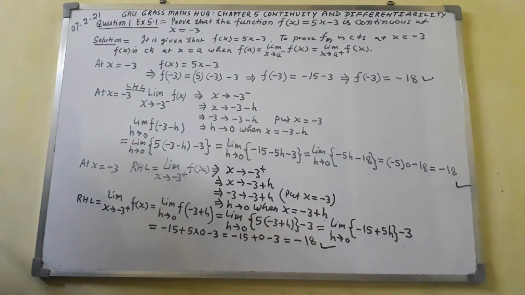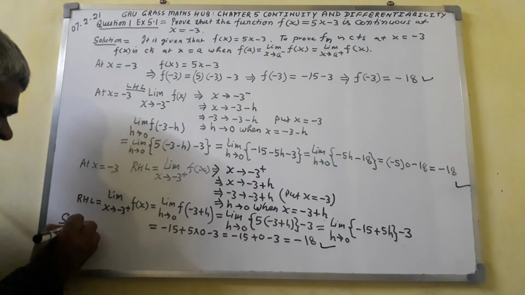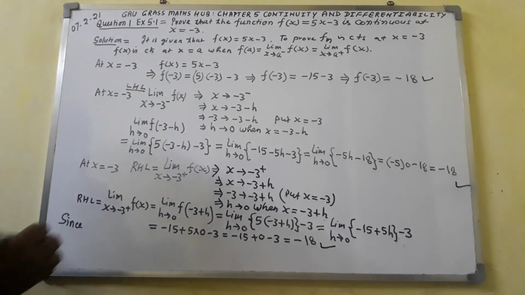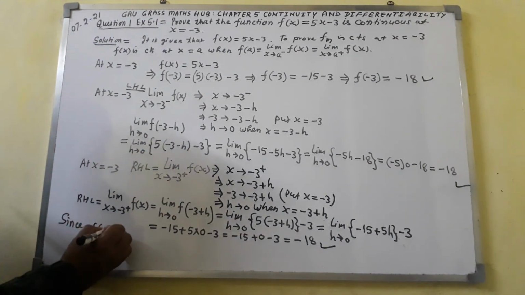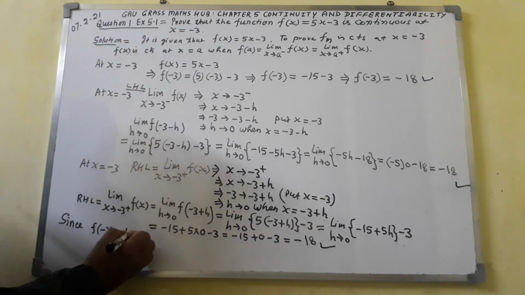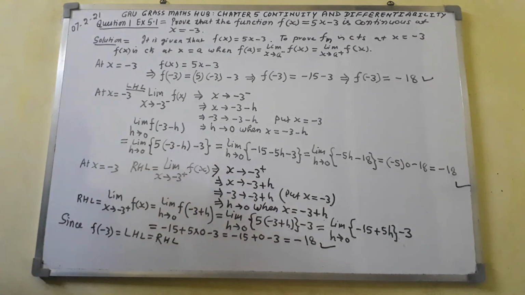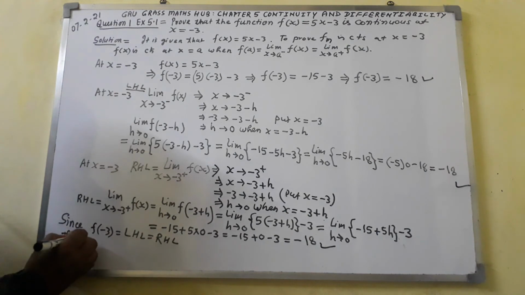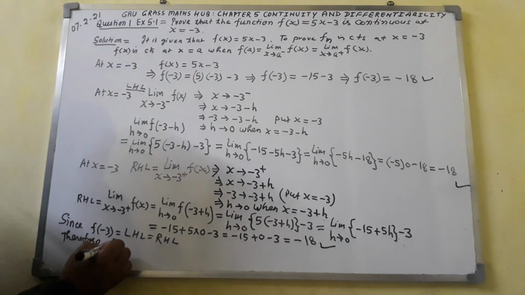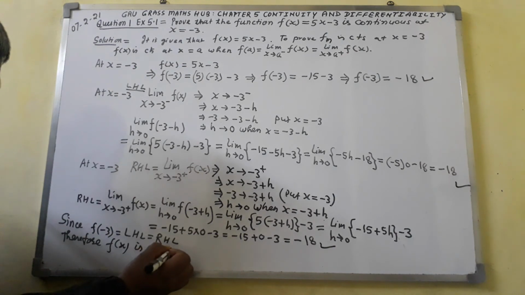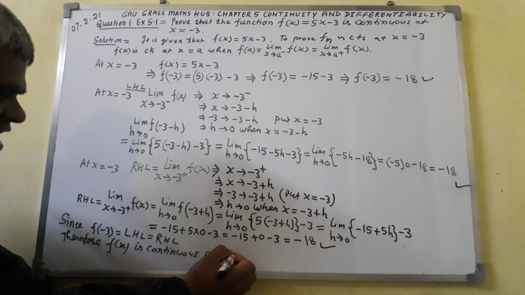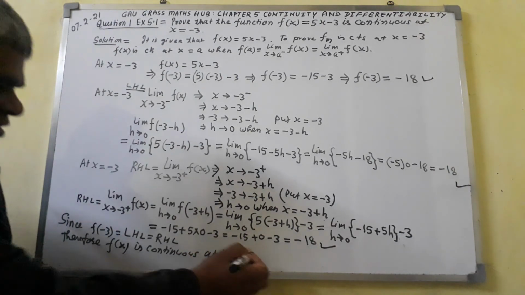So here I can write, since f of minus 3 equal to left hand limit equal to right hand limit, therefore f of x is continuous at x equal to minus 3.